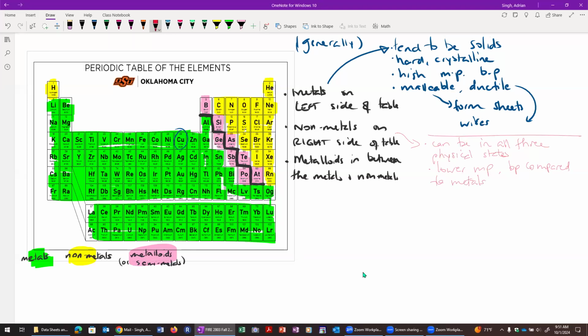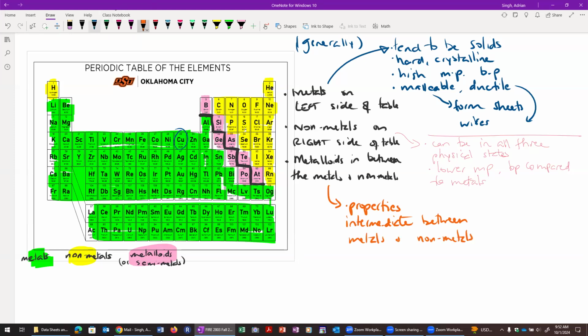And then they usually are not malleable or ductile. And if you compare both of those to the intermediate category for your metalloids, these would have properties that are intermediate between the metals and non-metals. So let me back up a second.